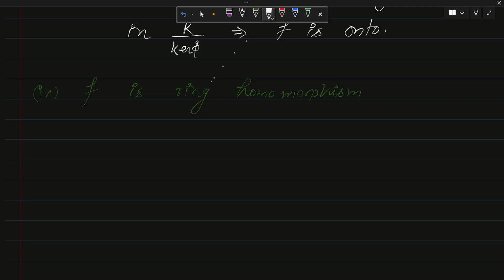अब रिंग होमोमॉर्फिज्म तो प्रूफ करना आसान ही है. सो लेट first of all we are going to prove that the addition operation is preserved.